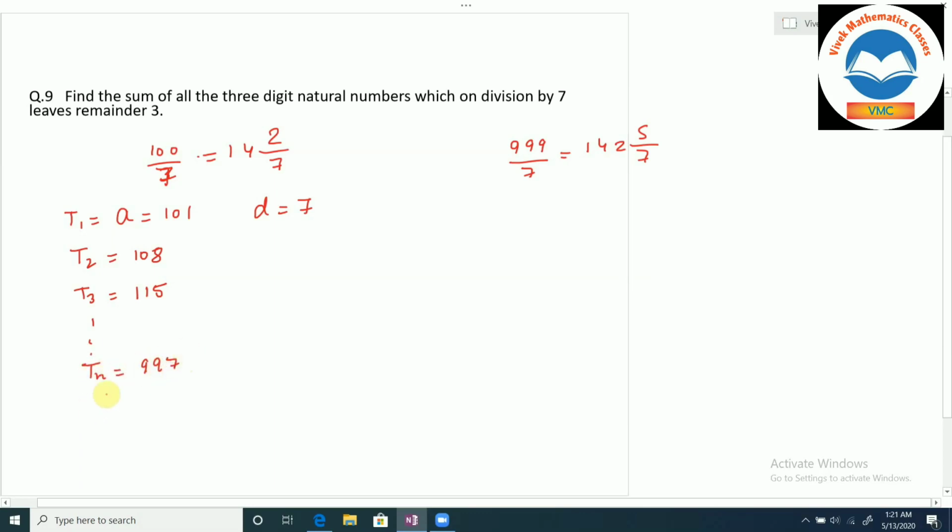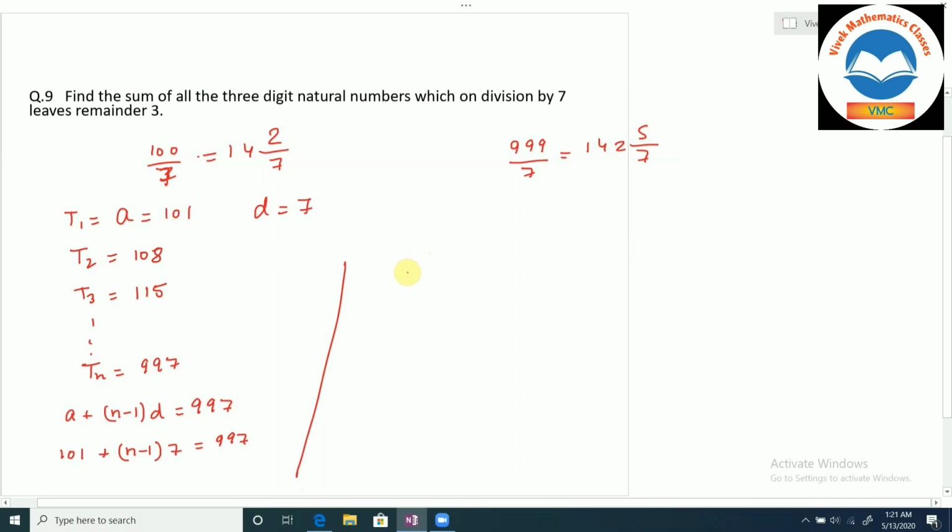We know the Tn formula. The Tn formula is A plus n minus 1 into D, and this will be equal to 997. Substitute all the values: the A value we know is 101, plus n minus 1 into the D value we know is 7, will be equal to 997.